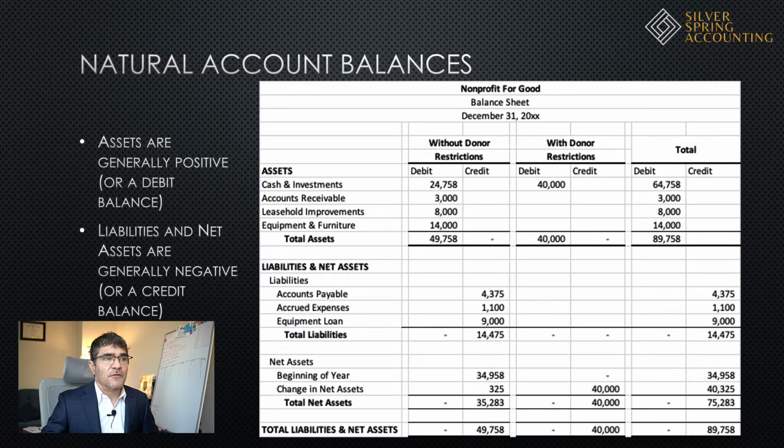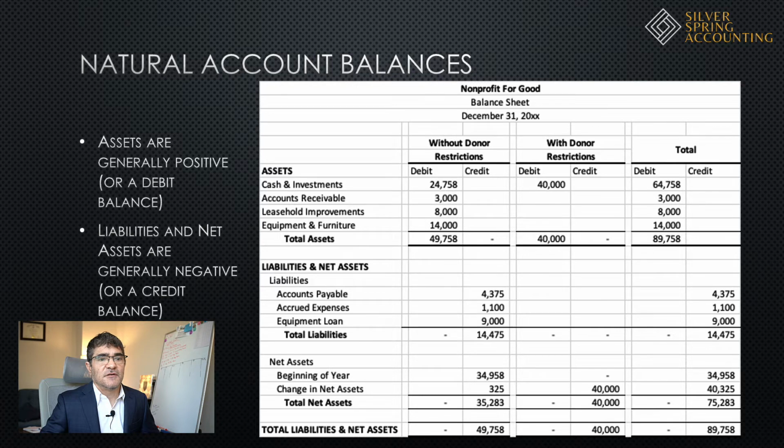Then let's break it out into the debits and credits just for fun, because it makes it a little bit easier to demonstrate. Here we have our debits representing our total assets, and then our credits representing our liabilities and net assets.